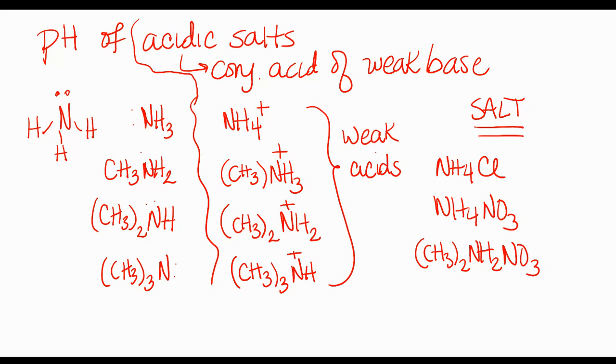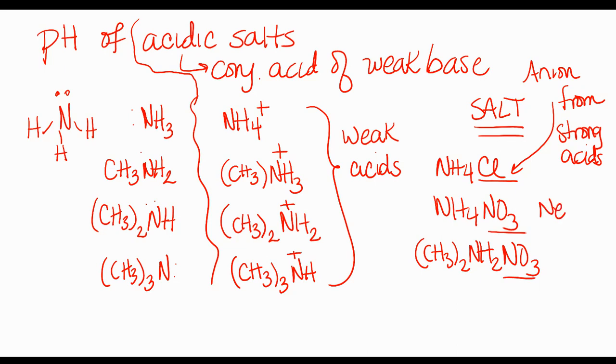See, these get very complicated kind of quick. These ones then will have the anion from strong acids. And so essentially what we're looking at there is that this part that I've underlined is neutral, whereas the ammonium ion part is acidic.